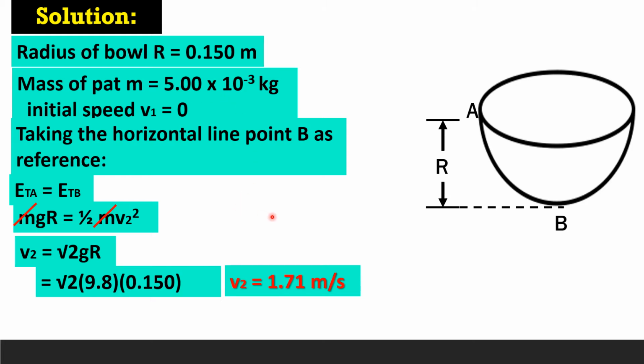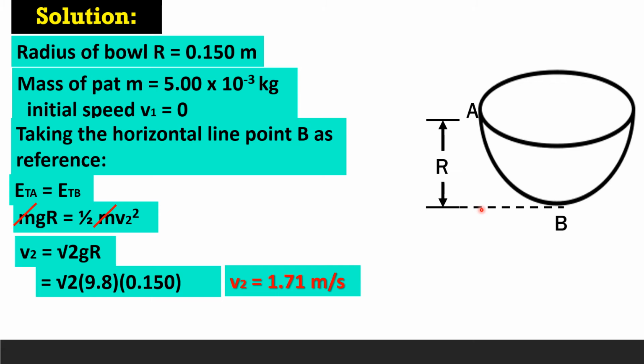It is immaterial because in the process of our computation, we were able to cancel it out. So even if the mass of the body is unknown or not given, you can still get the correct answer if you're finding the final speed of the body that is sliding from point A to point B in a frictionless path such as this. All you need to have is the vertical distance r.